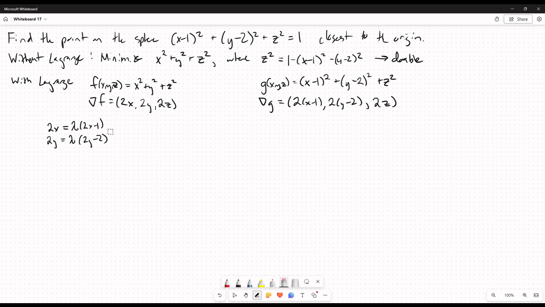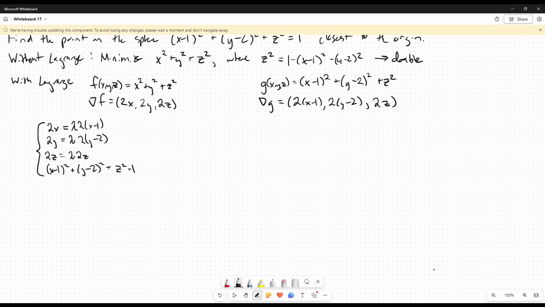Parentheses are in the wrong place for both of those, but that's a good start. And 2z equals lambda times 2z. And last but not least, we have (x minus 1) squared plus (y minus 2) squared plus z squared equals 1. So those are my constraints.